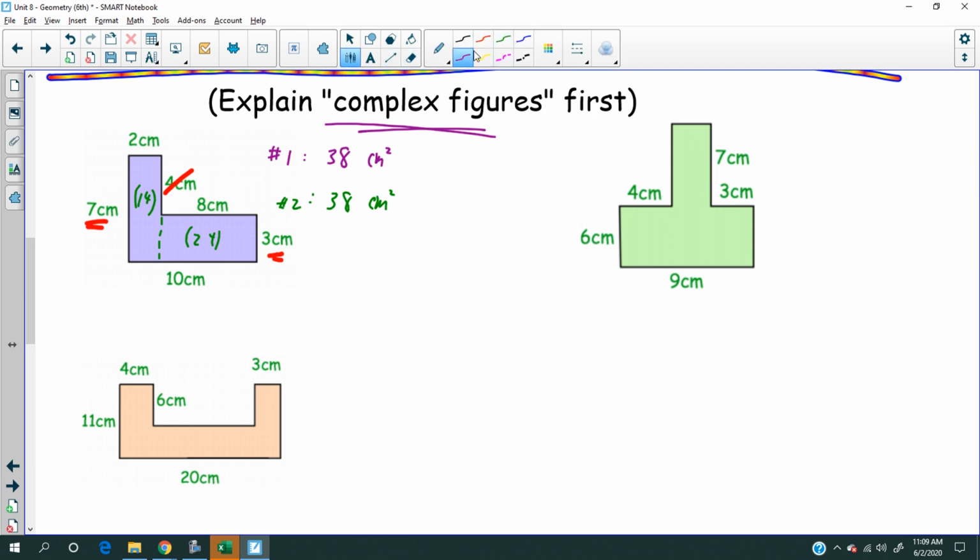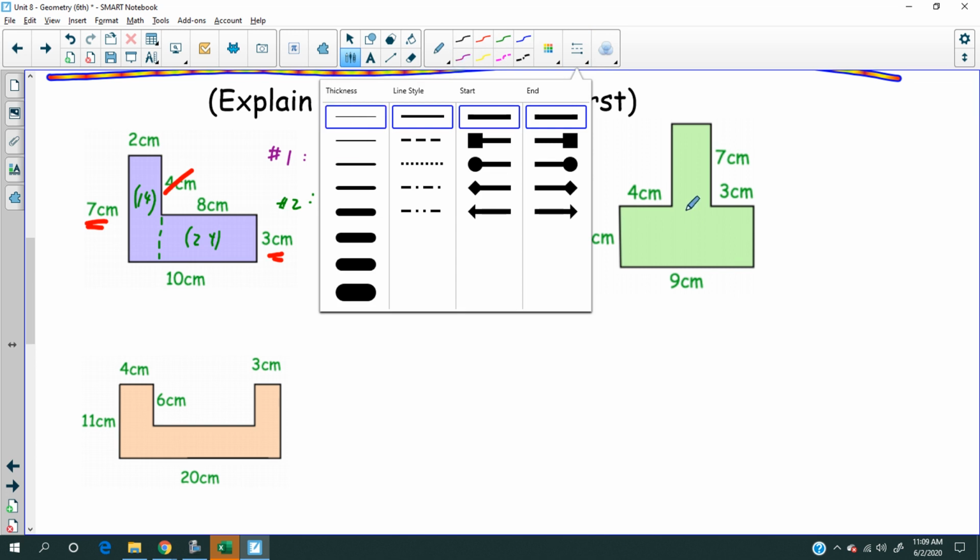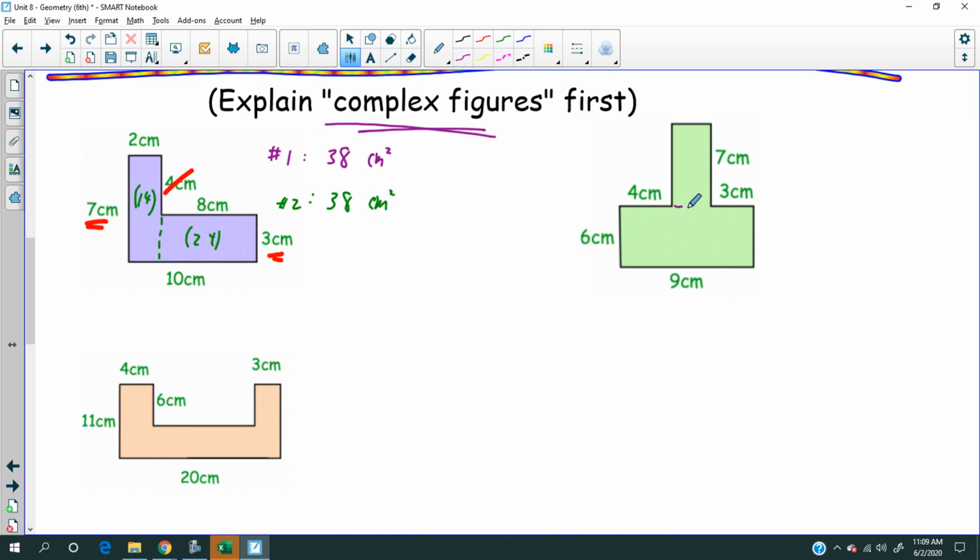All right, let's do one more. I'm gonna cut this off right here. That's 7, this is 3, this is 4. Oh, this one's great if we do it this way, because the question is, how long is this? These two widths are the same.